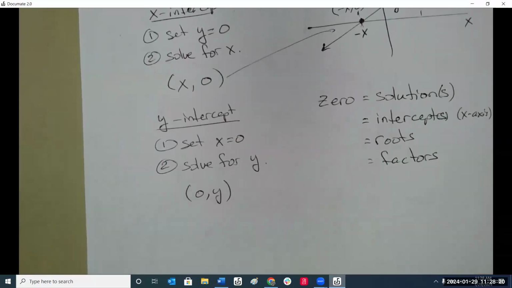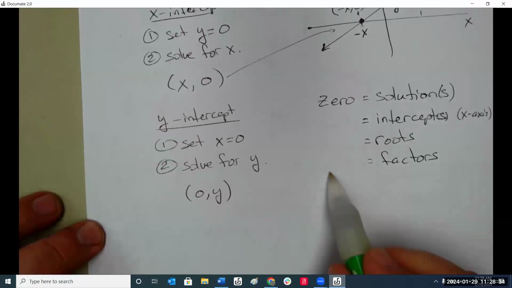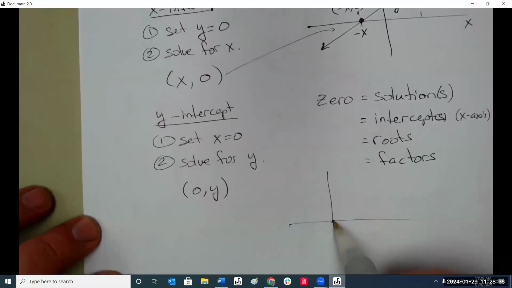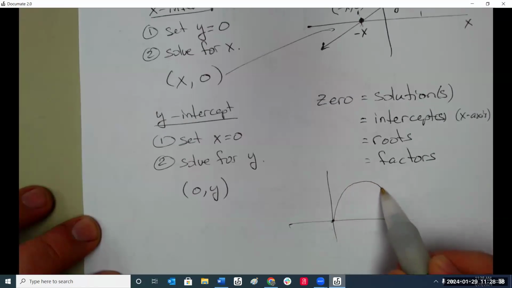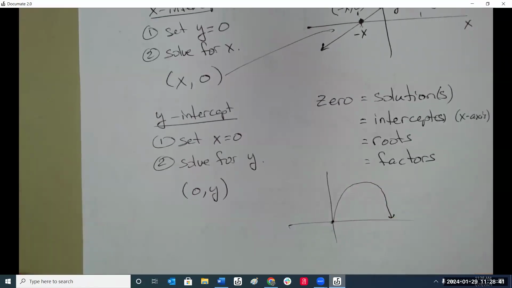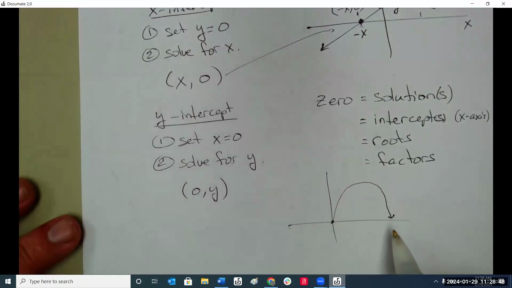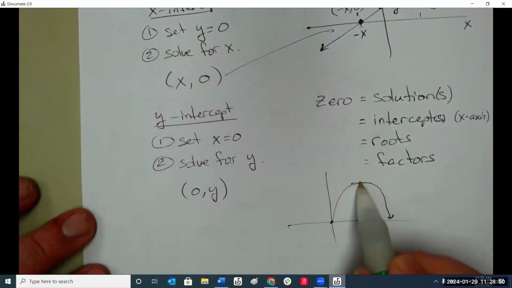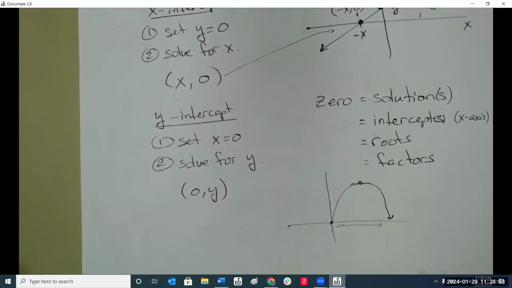Can you think of a real world application where you use intercepts? Right, and so if we have a rocket, it always goes in a parabolic arc. If we have the initial velocity, we know that gravity is negative 9.8 meters per second squared. We can figure out how far it's going to go up, how far it's going to go out, when it's going to hit the ground.